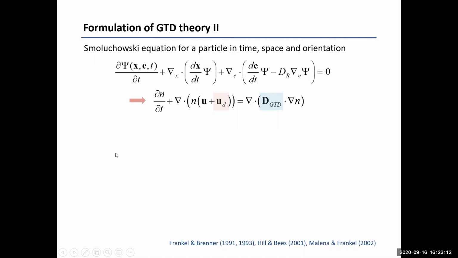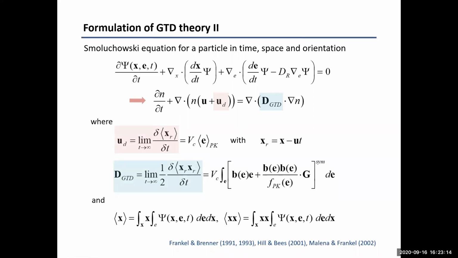So they evaluate the first order and second order moments using psi, the PDF coming from the Smoluchowski equation. And using these, they computed the drift velocity and the phenomenological diffusion coefficient that can be used for this advection diffusion equation. Okay, so all this sophisticated expression comes from psi.